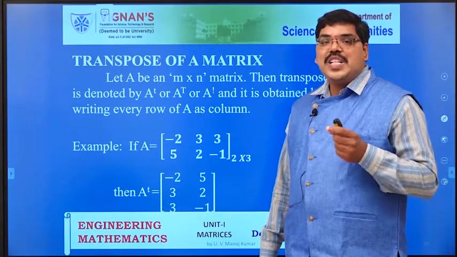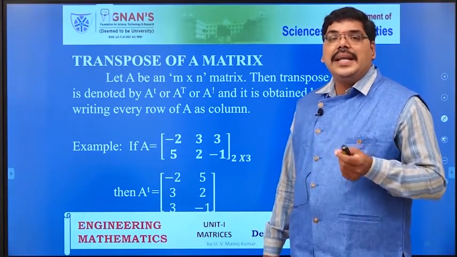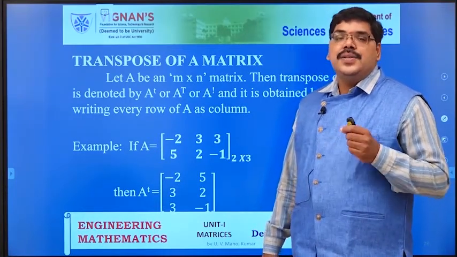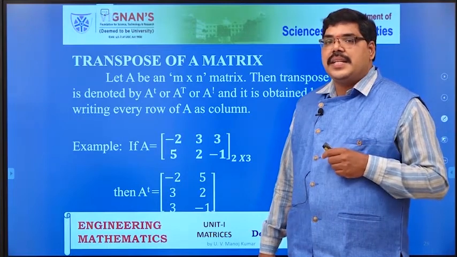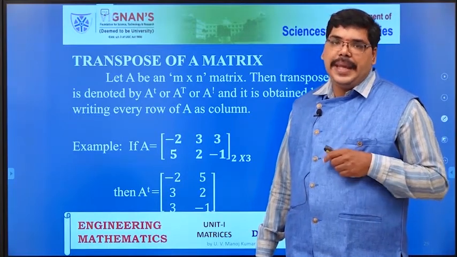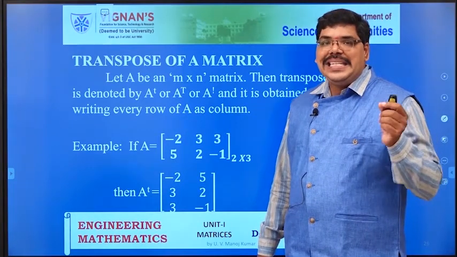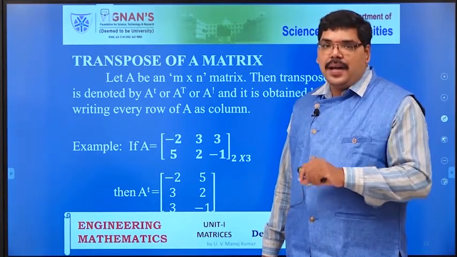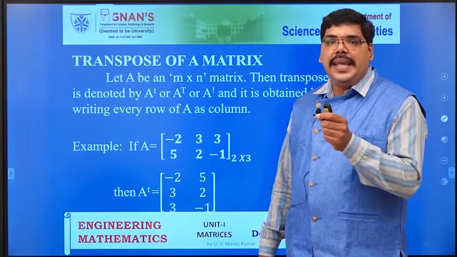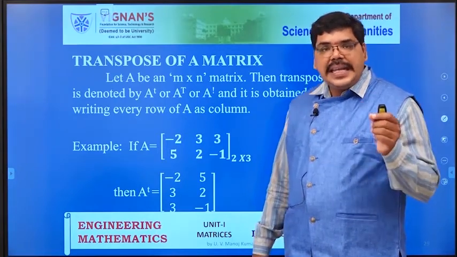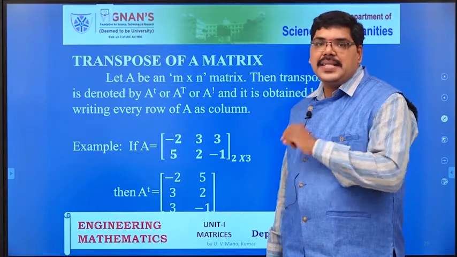Next, the transpose of a matrix. How do we get the transpose of a matrix? Suppose there is a matrix A. Now, I write each and every row as a column. Take the first row of A and write it as a column. Take the second row of A and write it as a column.